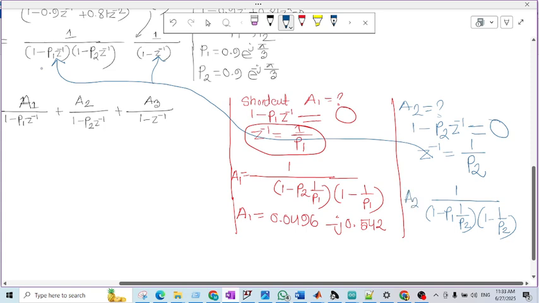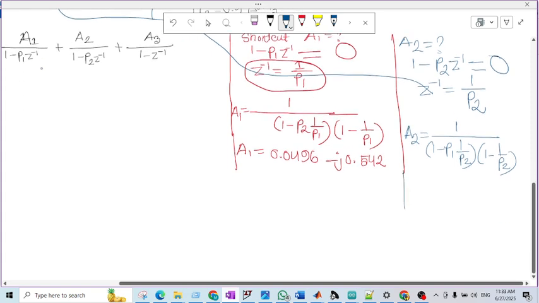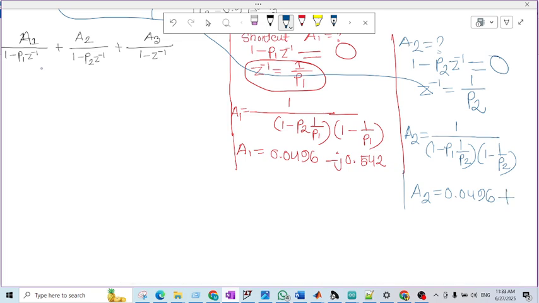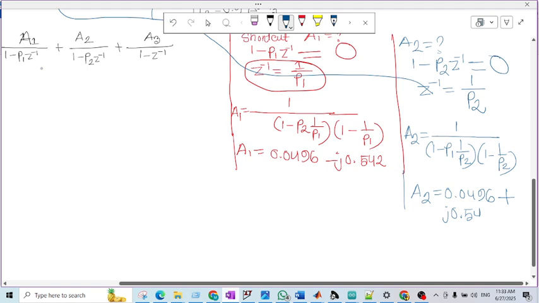you will get a2. Okay, so a2 is 0.0496 plus j 0.542. That means these two are conjugate, right?